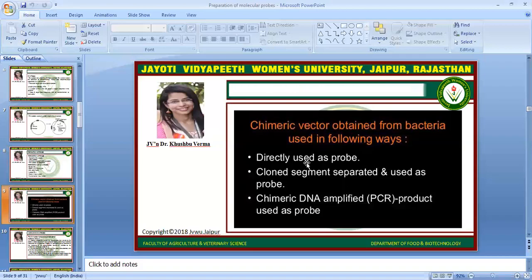First, it is directly used as a probe, or the cloned segment is separated and used as a probe. Next, the chimeric DNA amplified PCR product can be used as a probe.